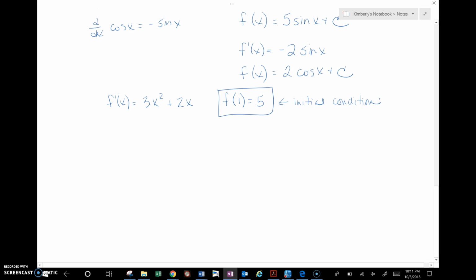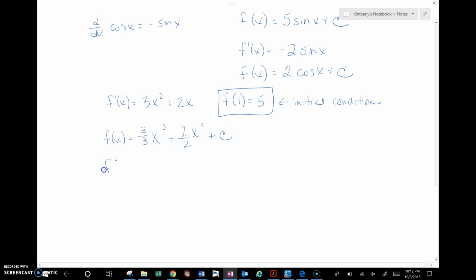This is the one place where the graph actually goes through this point. So let's go backwards here and find f of x. We're going to add 1 to the exponent and divide by the new exponent. Likewise, we're going to add 1 and divide, and then just say plus c.